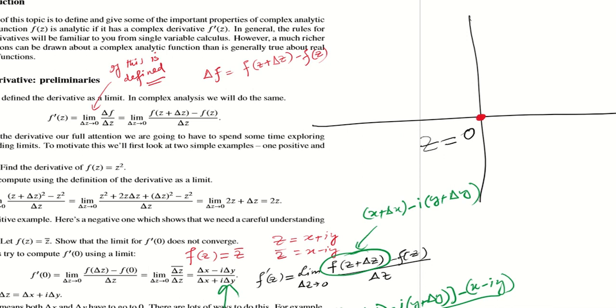So what can be the directions? We can move along the x-axis here to 0. This is one direction. Or we can move along the imaginary axis here in this direction, because at the end of the day we want to reach this point. So what will happen? Let's see.